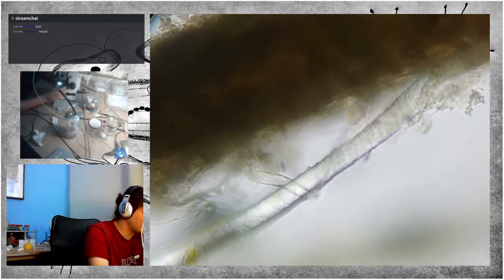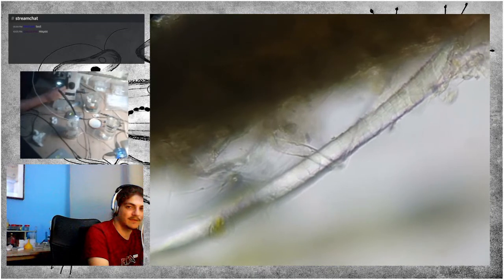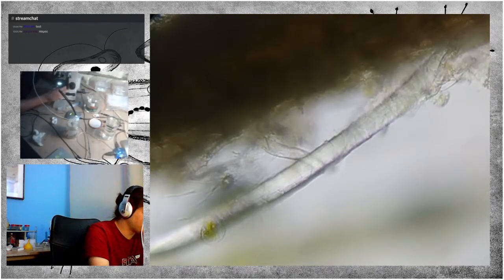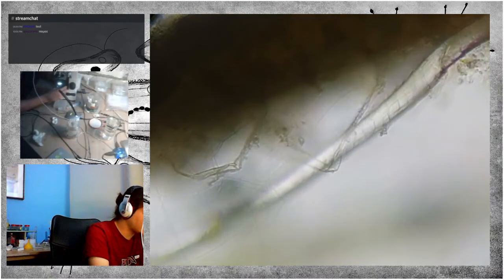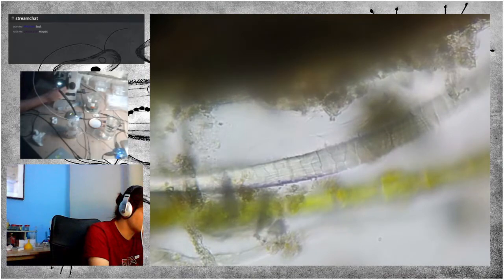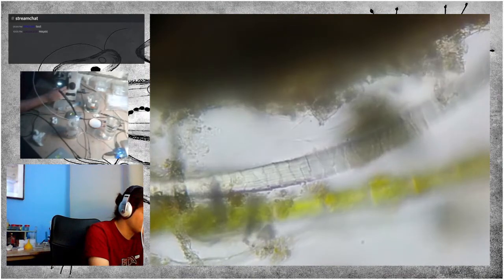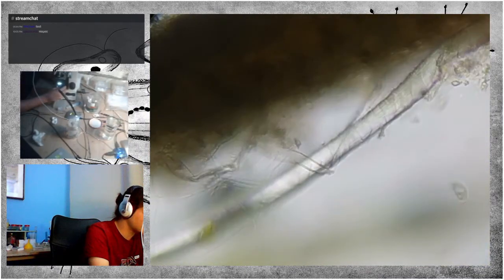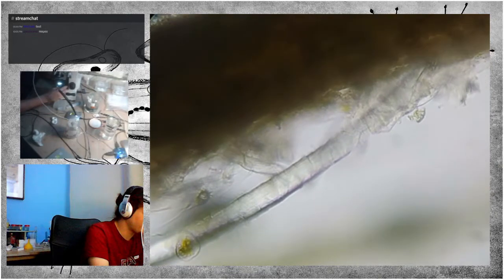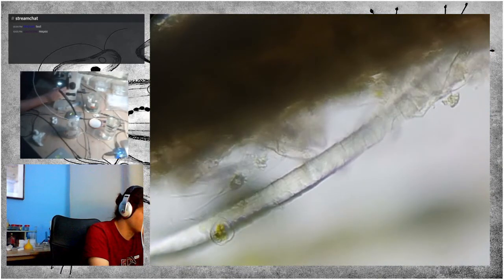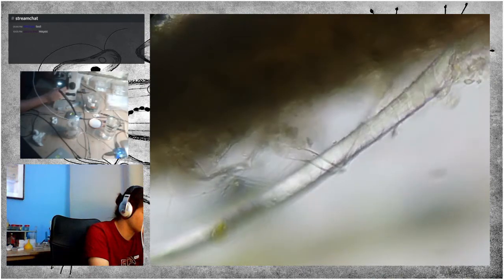Now, there is this structure in the middle of the screen right now, which you can clearly see. I think this is a hair. I'm not sure though, but judging by the scale-like structures on the surface, I'm guessing that it is indeed a string of hair.